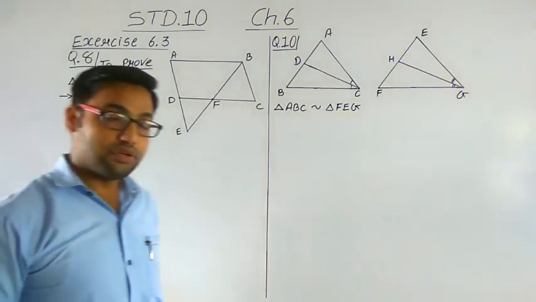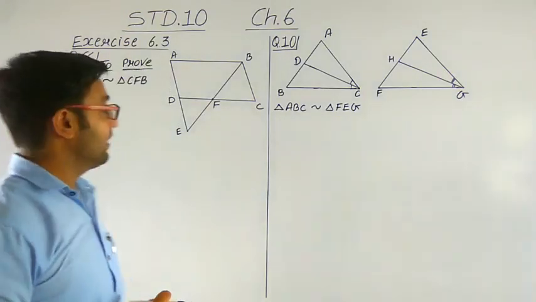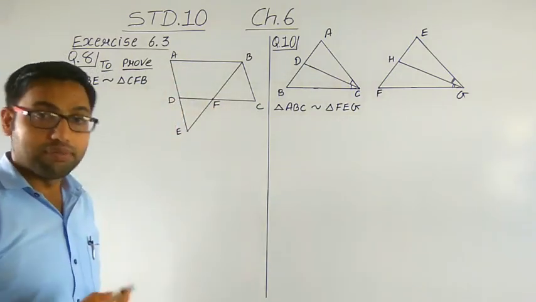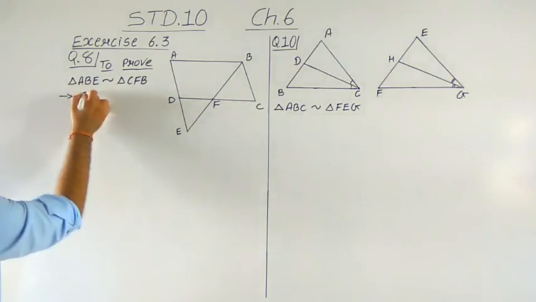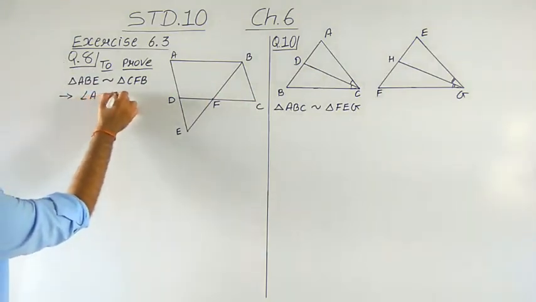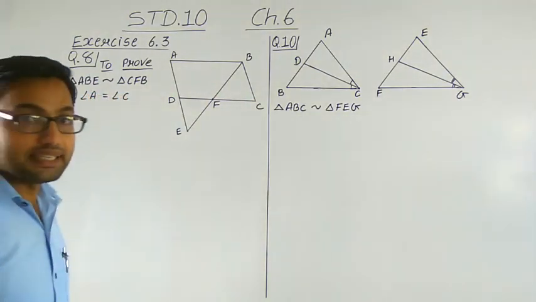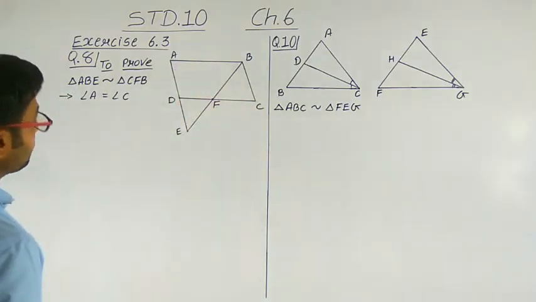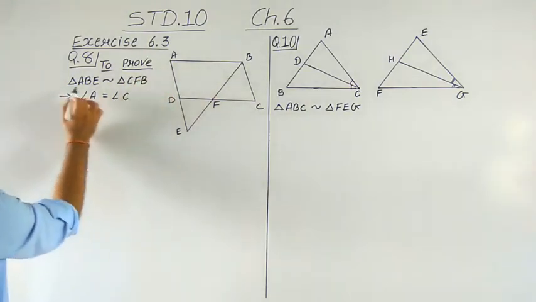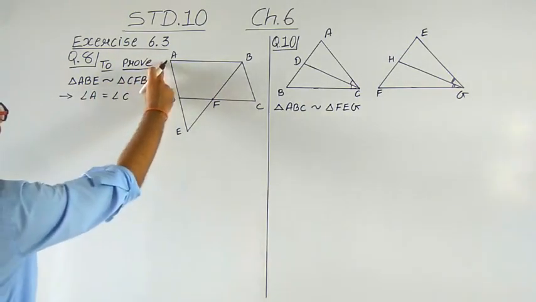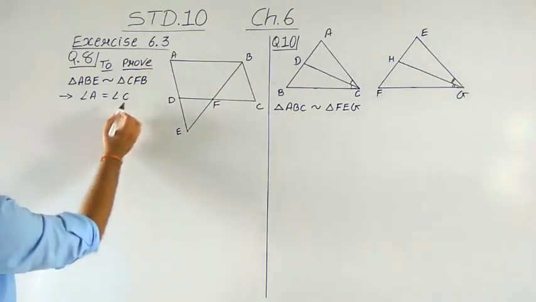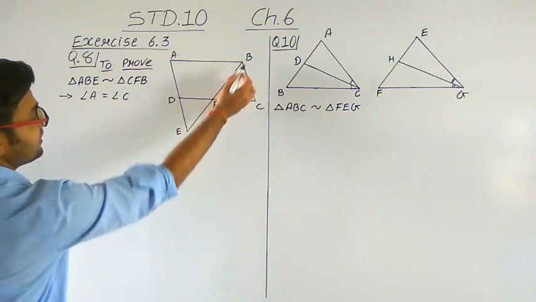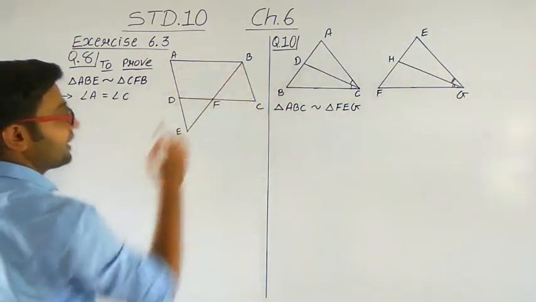So here we can use the property of parallelograms, that opposite angles of a parallelogram are equal. So we can write down that angle A is equal to angle C. Now see, angle A is included in triangle ABE, and angle C is included in triangle CFB.